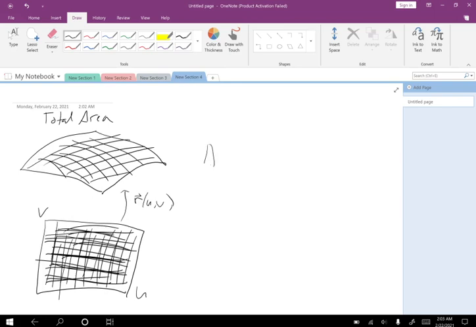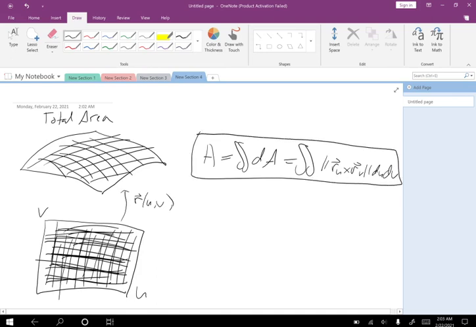So then the total area is just the integral of the small areas, which we already computed. And so what we'll do later is we'll see some actual explicit examples of how this can be done.